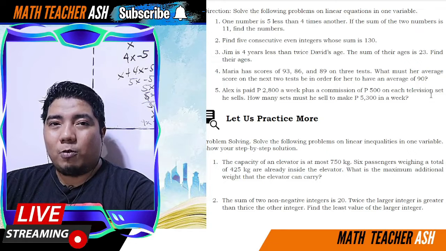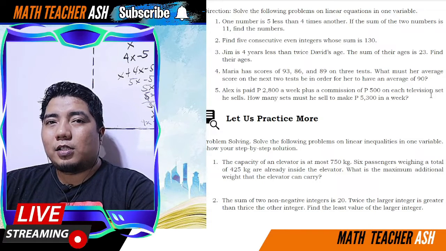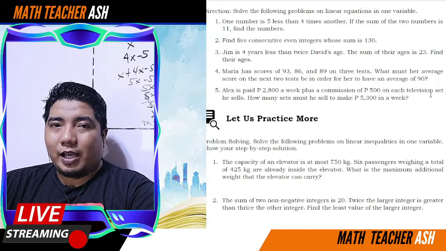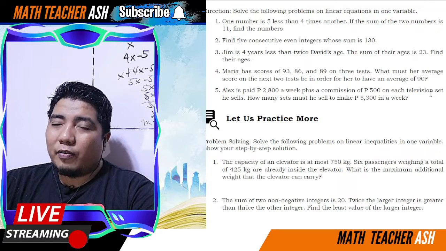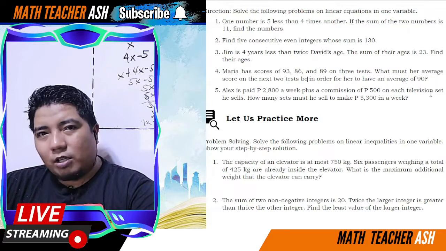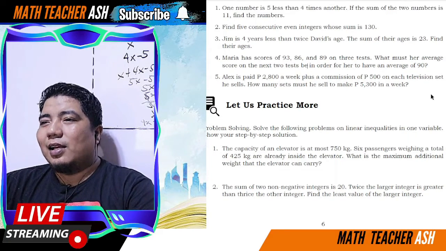Or you can also have 93 plus 86 plus 89 plus x all over 5 is equal to 90. Either way, the answer is still the same.